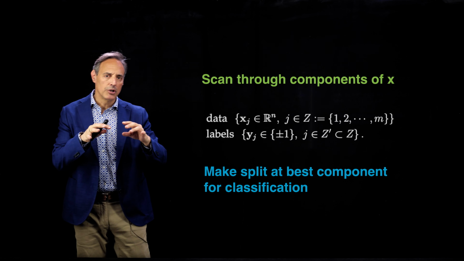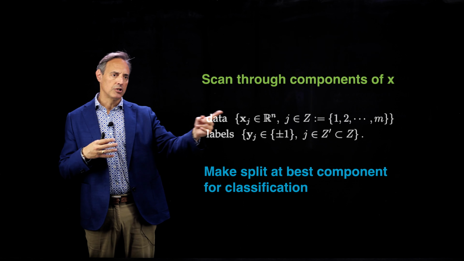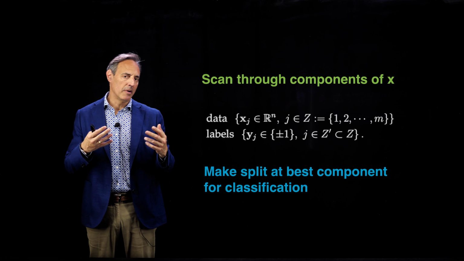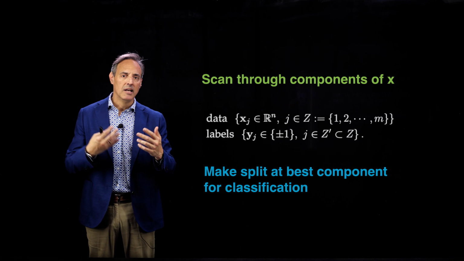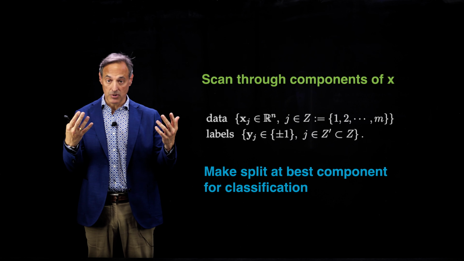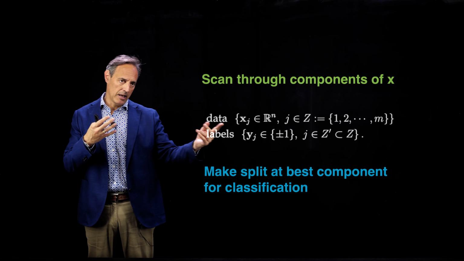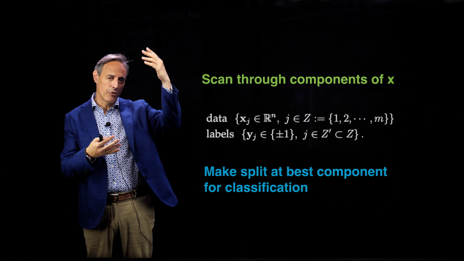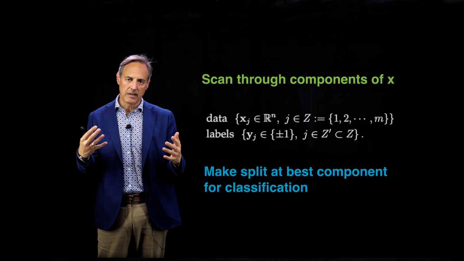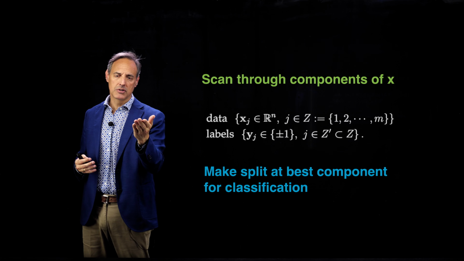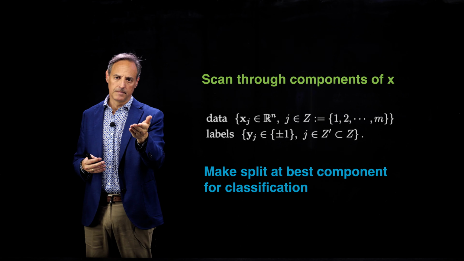For x1, maybe you find my split gives me only 50-50%. But x2 gives me 70-30%, 70% accurate. And then x3 gives me a certain percentage. I can scan through all of it and ask who has the best shot at splitting the data. That's where I'm going to make my first classification cut.